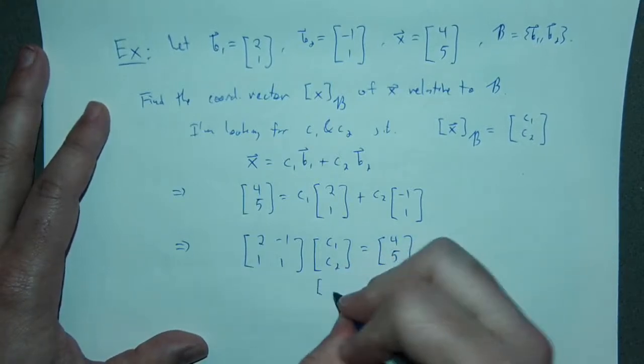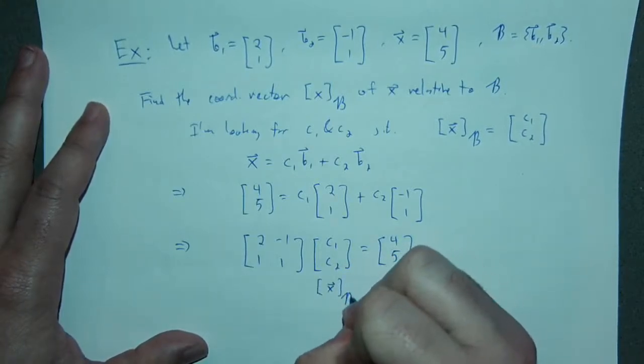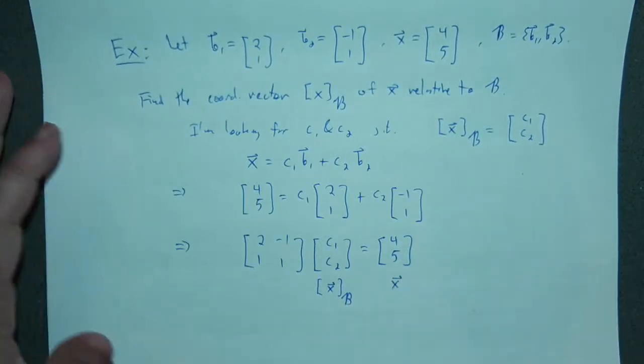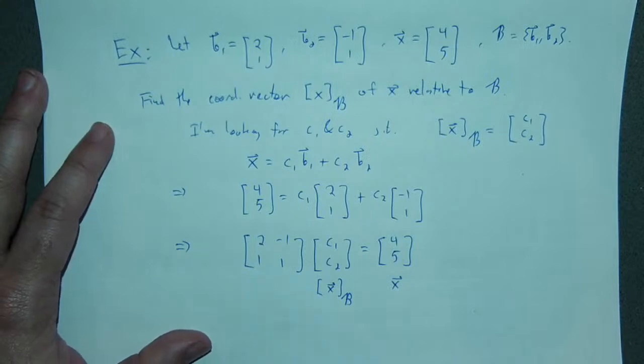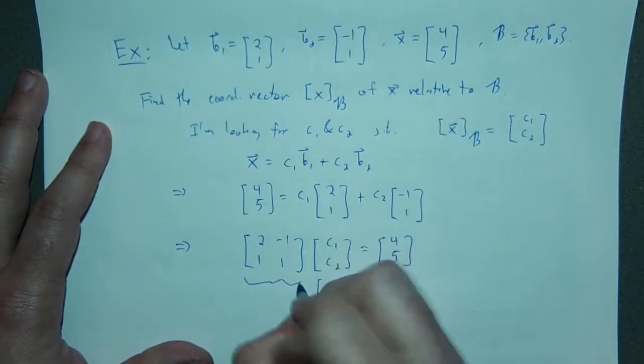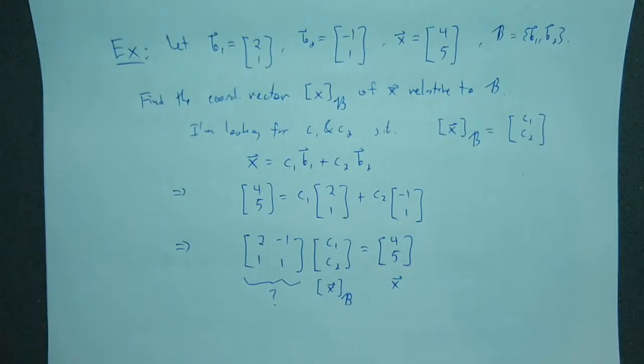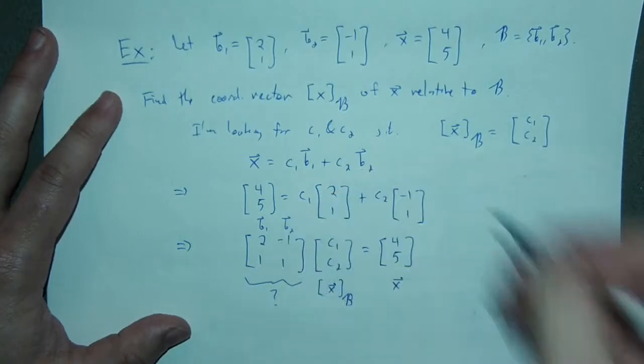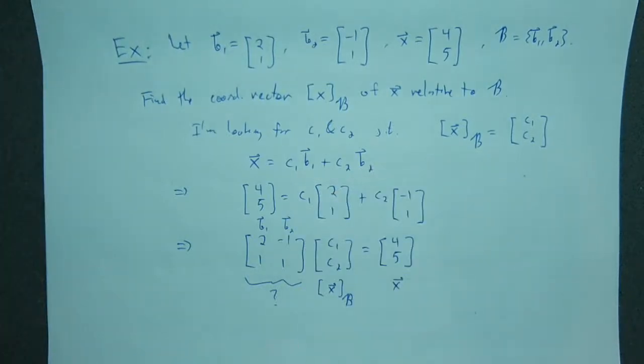This is x sub B, right? And this is x, and this matrix, what is that? Well, it's a matrix that has b1 and b2 as its columns. Okay, but it's going to have a special name.